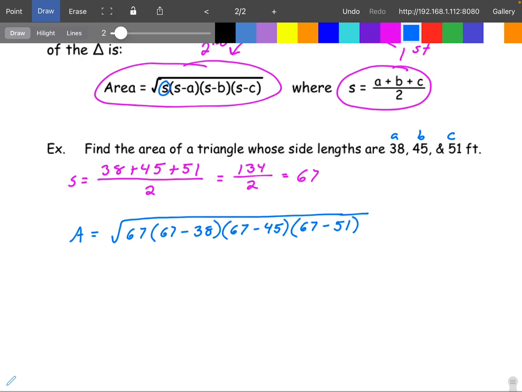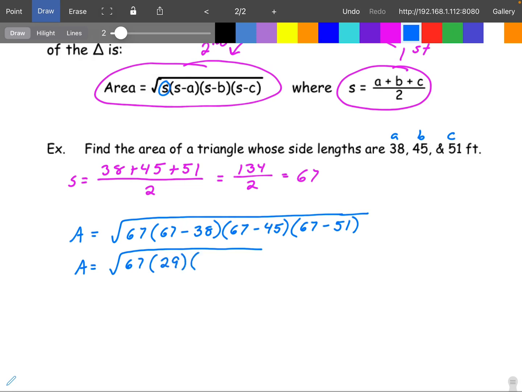Now, you can go ahead and simplify each one of these parentheses, but if you're using those blue calculators that we have in class, you can actually type it in just the way it is. I'm going to go ahead and simplify just so it looks a little bit nicer. So the 67 is going to stay 67. Then in that first parentheses, 67 minus 38 is 29.